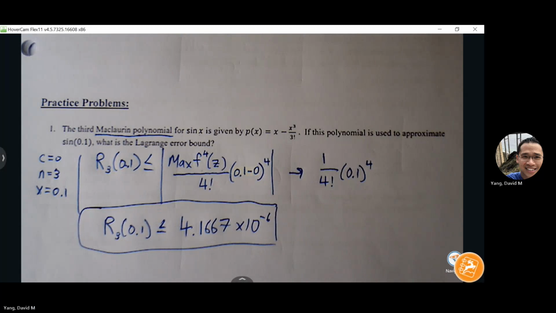Yeah. So you still use 1 even though sine wouldn't reach 1 in the interval? Yeah, because it's just a safe value, right? We just want a safe upper bound, and 1 is a nice safe value.